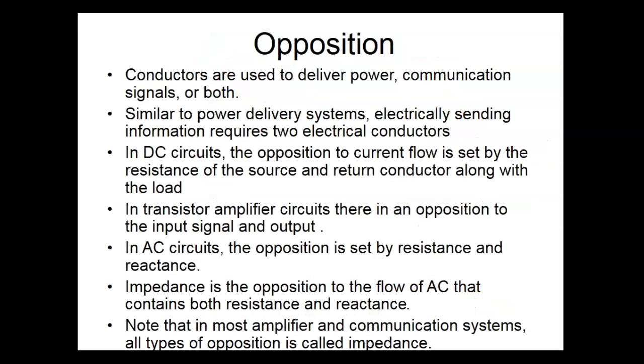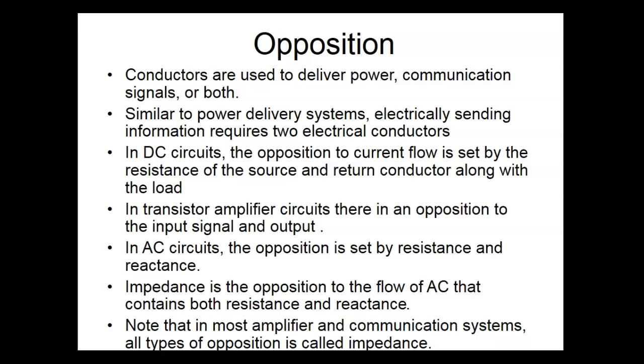Conductors are used to deliver power in communications and power systems. Similar to a power delivery system, electrically sending information requires two electrical conductors. In a DC circuit, the opposition to current flow is set by the resistance of the source and return conductors along with the load.